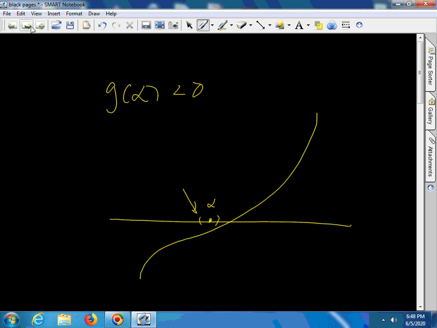We'll say that this left endpoint is alpha minus delta, and this right endpoint is alpha plus delta, such that we're going to pick delta small enough, such that g of this interval is always negative, which would give me that alpha plus delta, which is bigger than alpha, is in X. It'll be in X. Why?